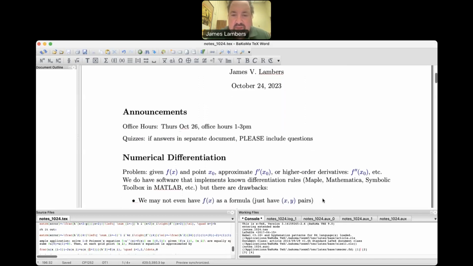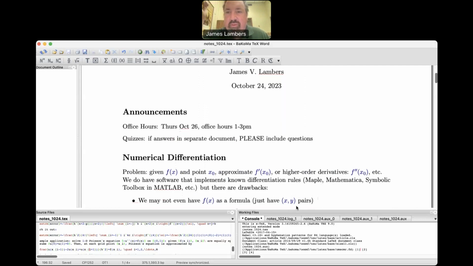You might not even have a formula for f of x. If you don't have a formula, then all those differentiation rules are useless. You might only have f represented as data points, for example x-y pairs. What you can do in that case is construct a function that fits that data, such as an interpolating polynomial from the last chapter, and then take the derivative of that polynomial.